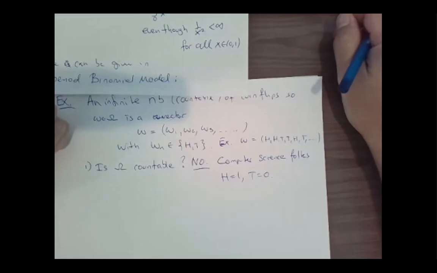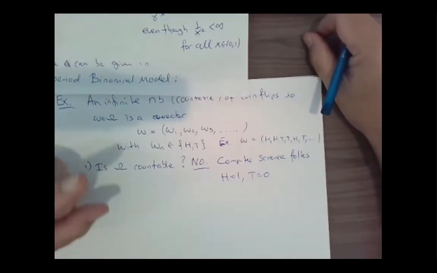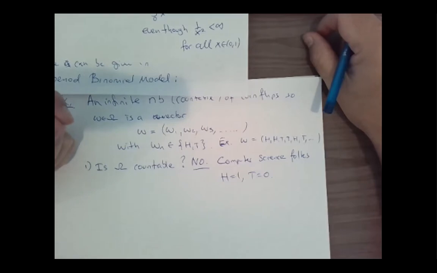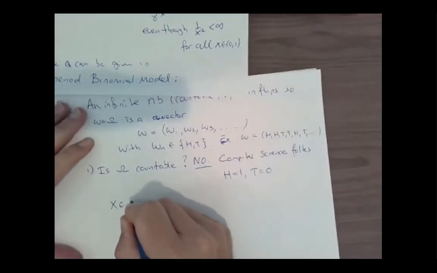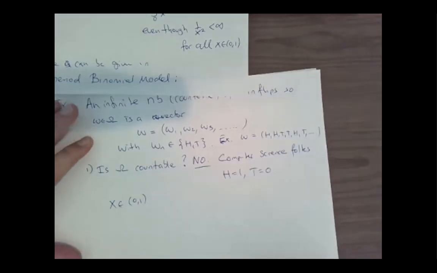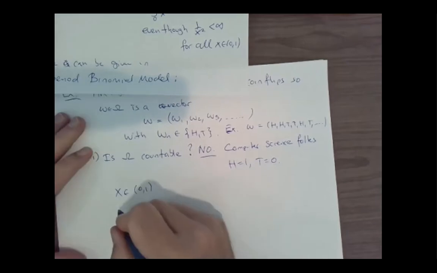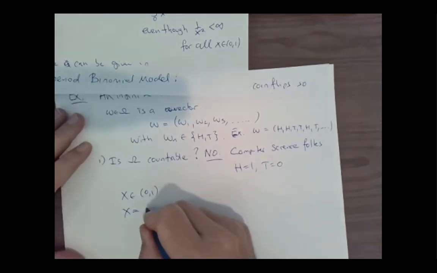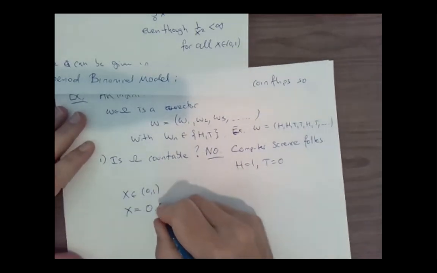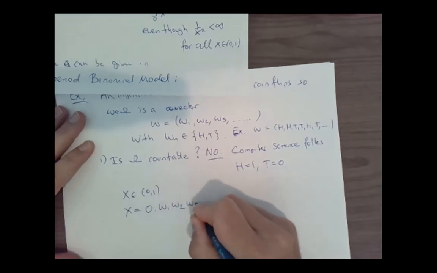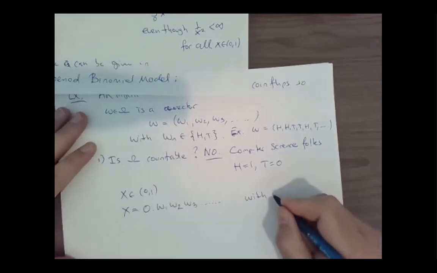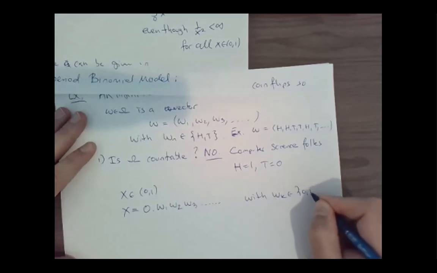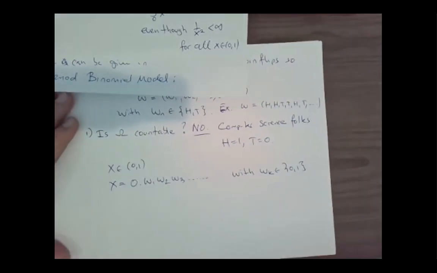Can I write any real number, say between 0 and 1, in terms of zeros and ones? Yeah, I can. If I pick a number x between 0 and 1, can I write x as 0 dot omega 1, omega 2, omega 3, with omega k being 0 or 1?